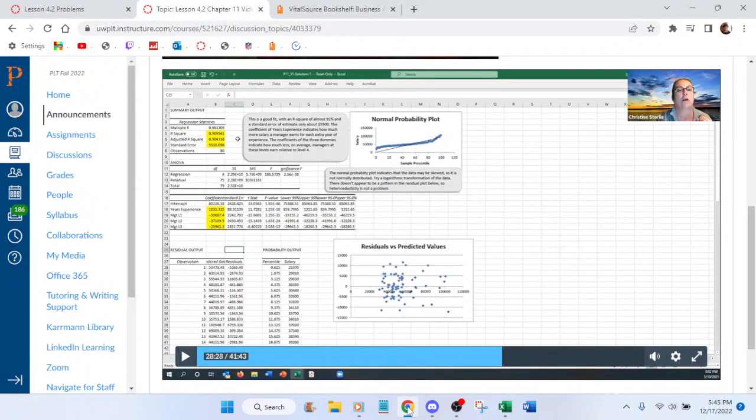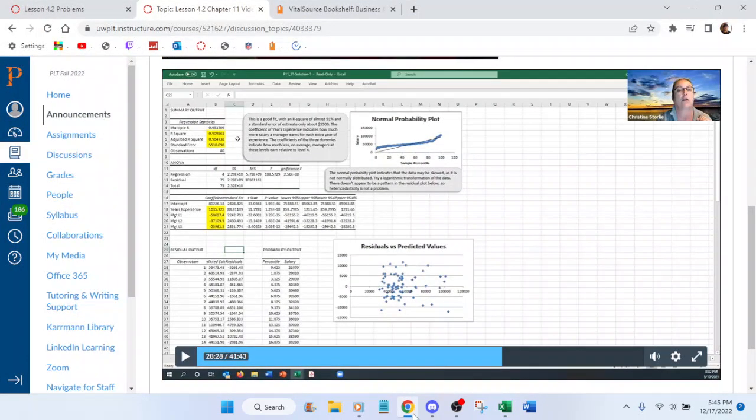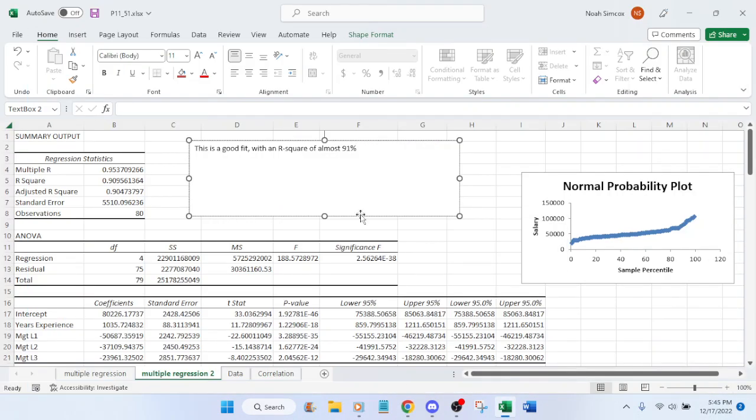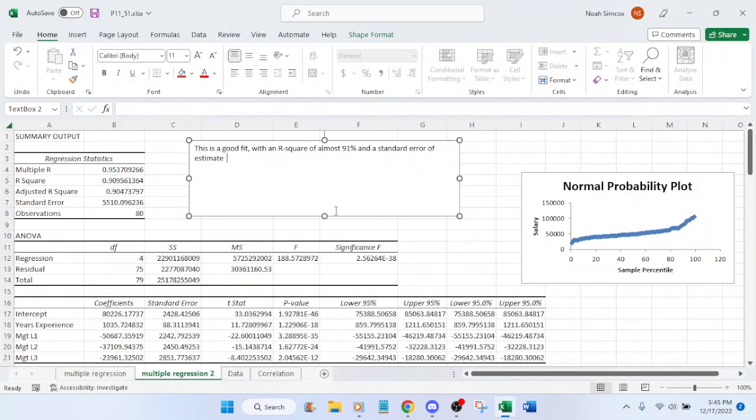This is a good fit with an R-square of almost 91%, and a standard error of estimate of only about 55.